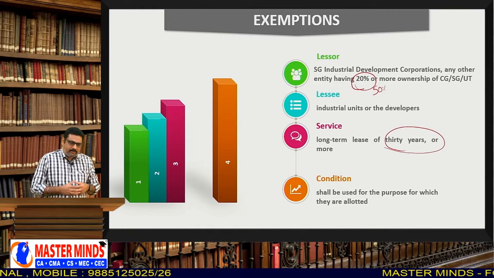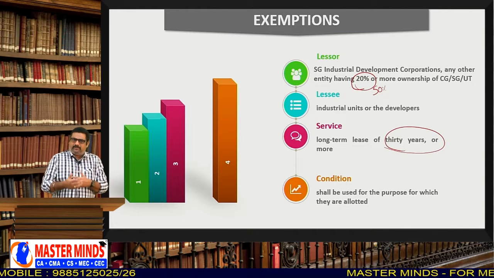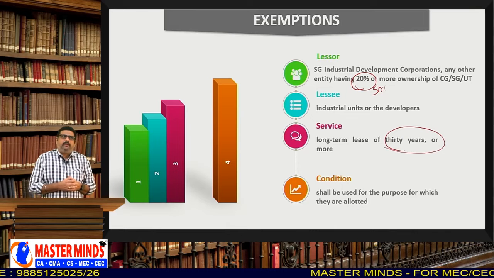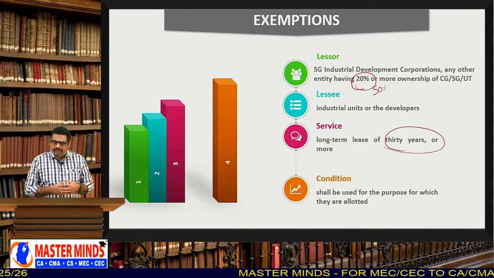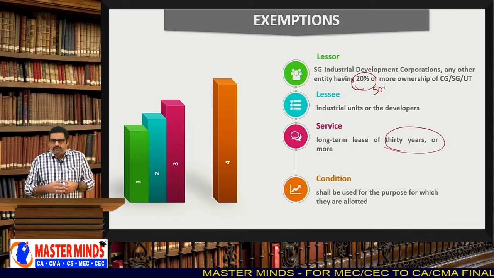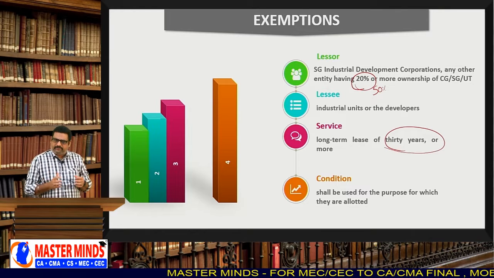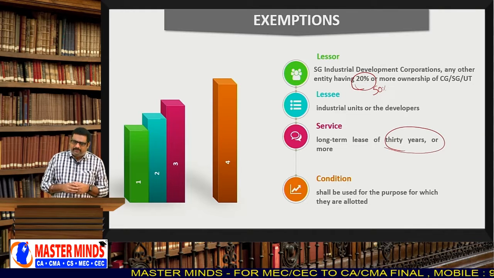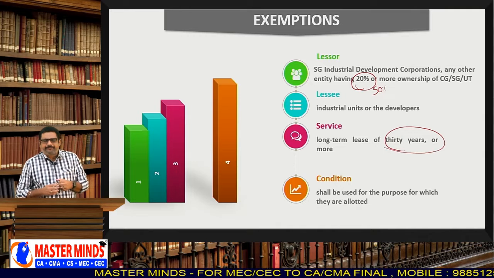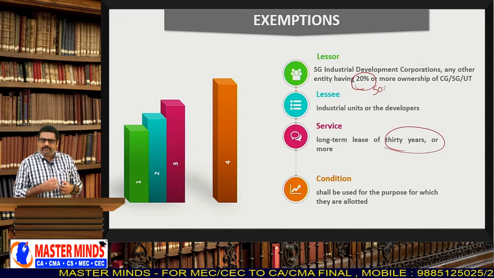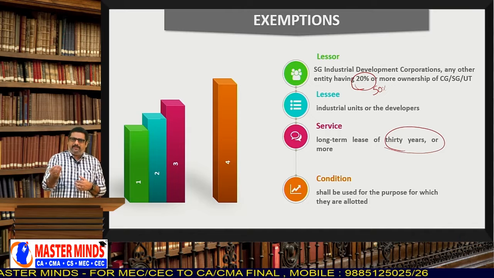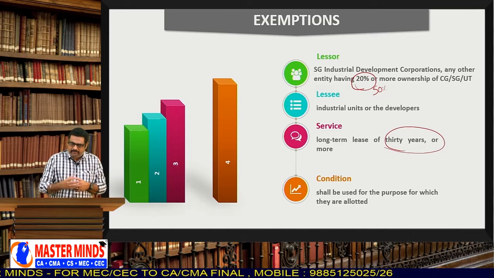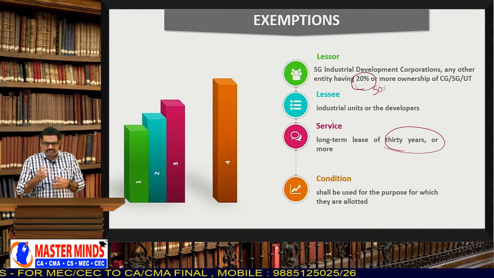To develop some industrial area there, to do some production and to provide employment opportunities in those areas. So, based on all these factors, generally the government will give a long-term lease of 30 years or more to an industry at a very nominal lease rental.